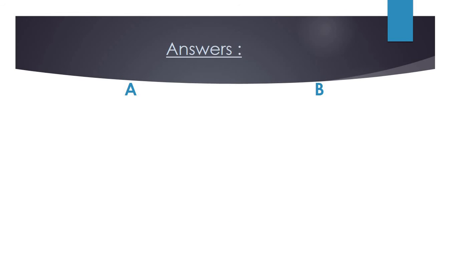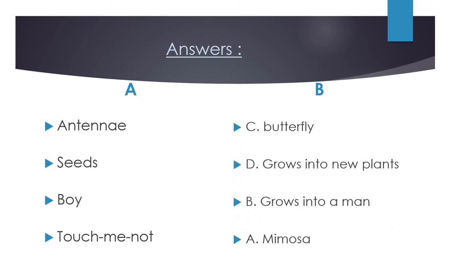Now the answers are as follows. Antenna matches with the butterfly because butterflies have the antenna to feel the changes around them. If you remember, the grasshopper photo was there in your textbook. And then seeds, you can match it with grows into the new plants.